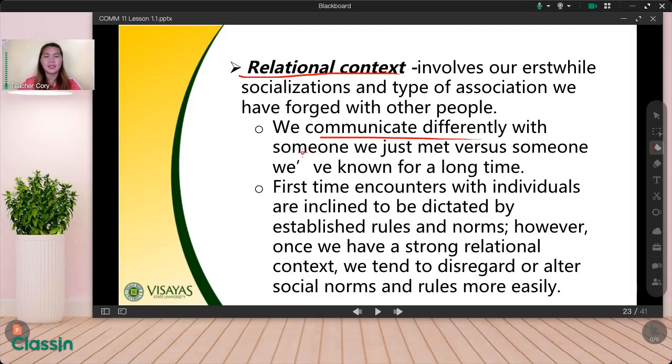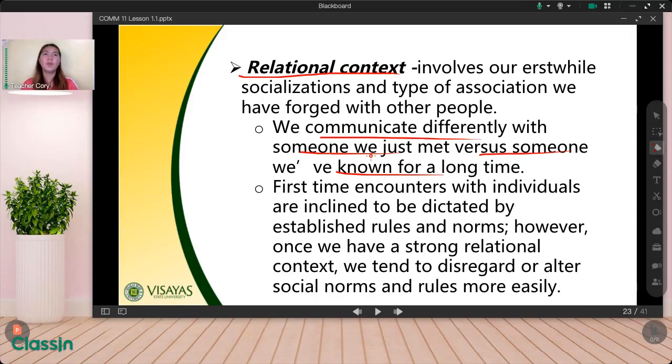There is actually a difference when we are talking to a stranger compared to when we're talking to our best friend, right? So that's relational.